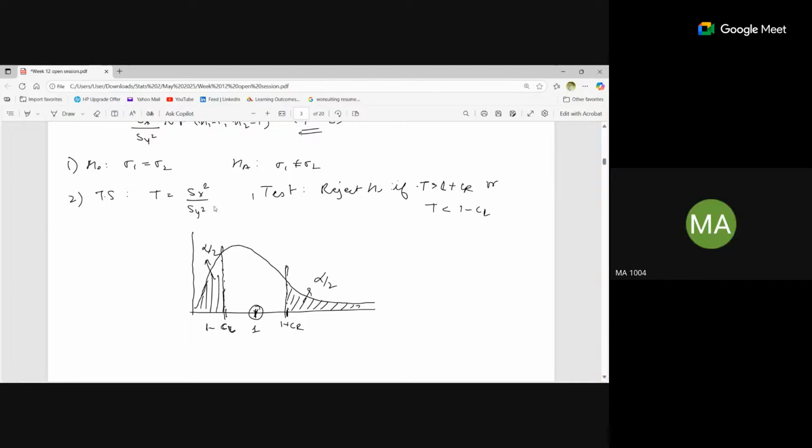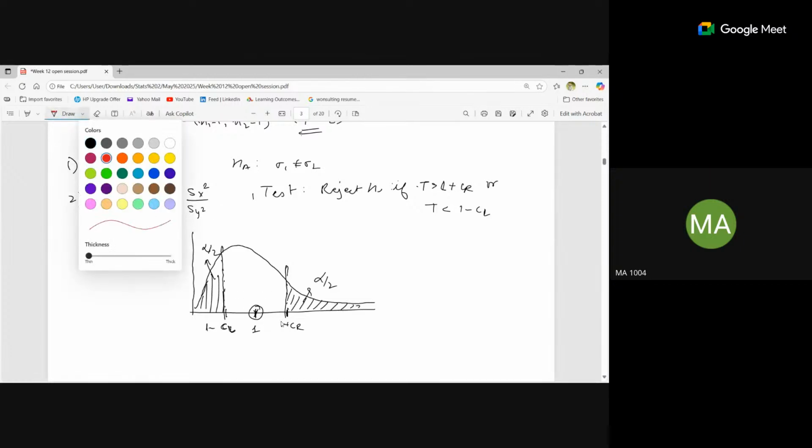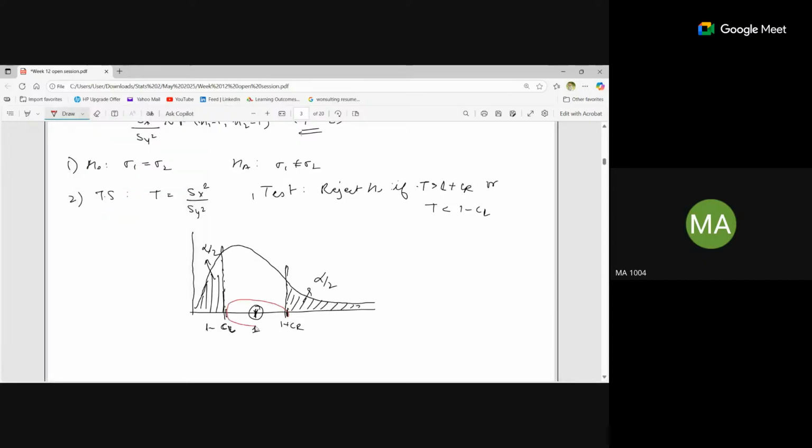Now we have to make a region in which I have to reject my null hypothesis. So I just made this region, let's suppose an approximate region. Around one, my null hypothesis will be true. After this particular region, I would be rejecting my null hypothesis.